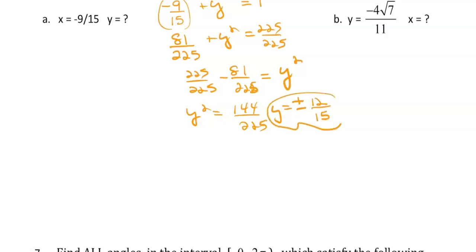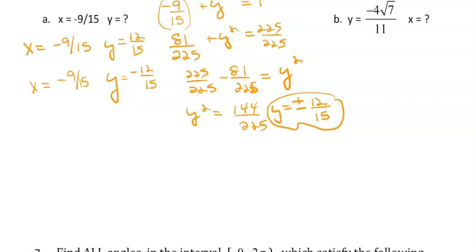So now I know that x is negative 9/15 and y can be positive 12/15, but when x is negative 9/15, y can also be negative 12/15.